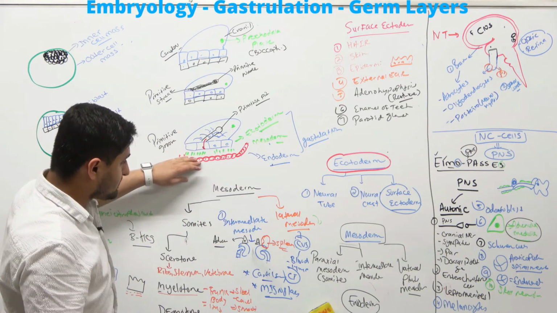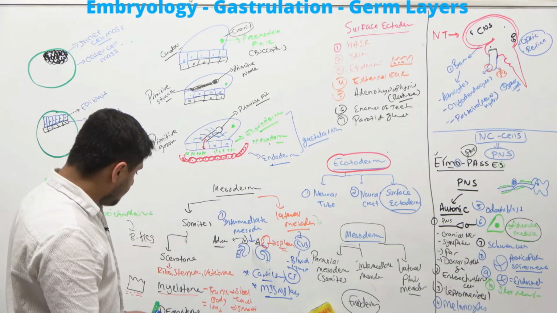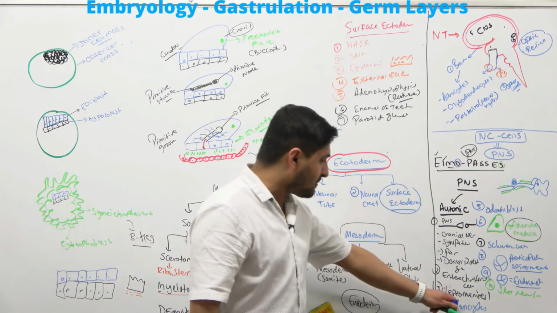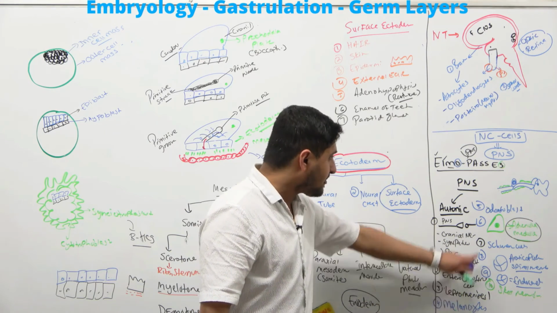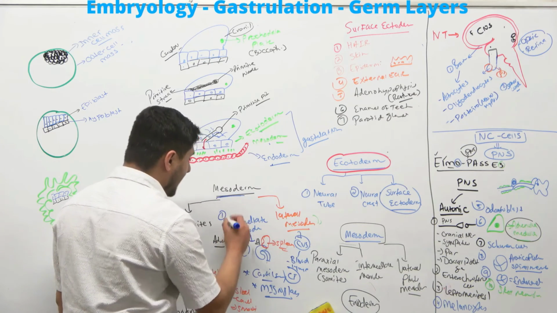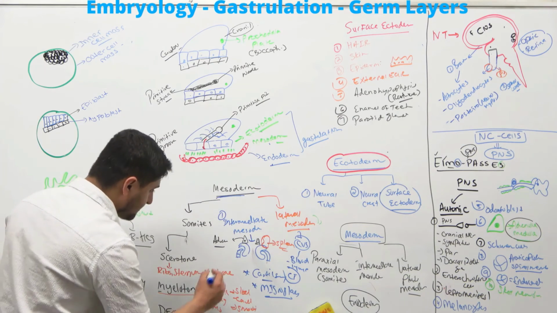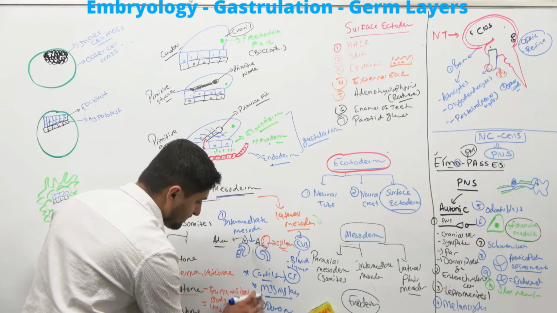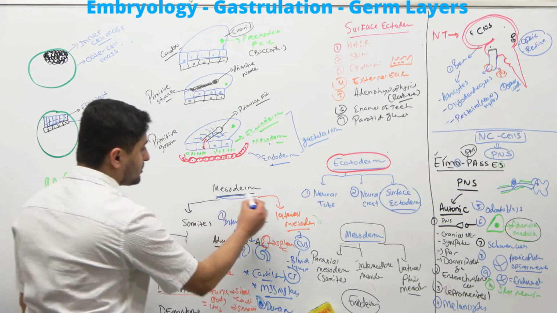Basically, these are derived from mesoderm. One more thing to remember: mesoderm also gives rise to, remember how we talked about the leptomeninges? They came from the neural crest. But the outermost layer, the hard dura layer, the dura mater, is also coming from mesoderm.